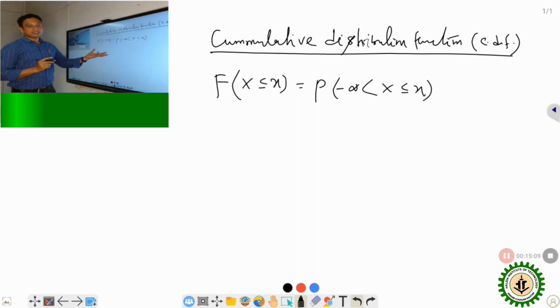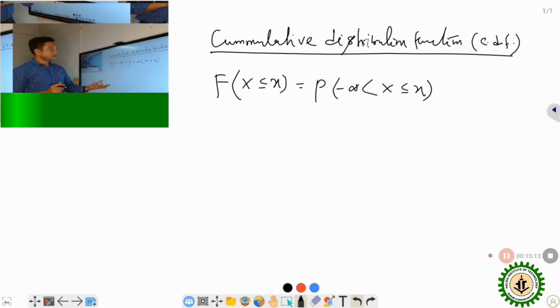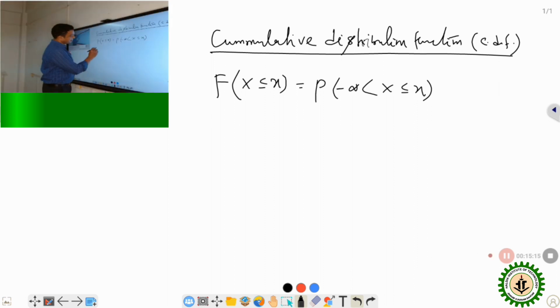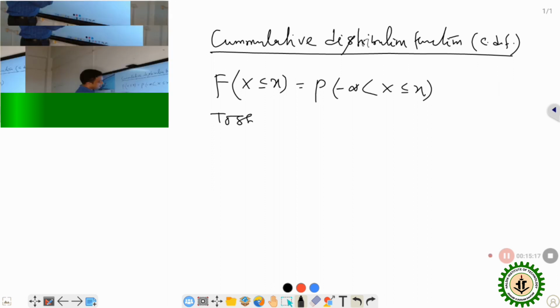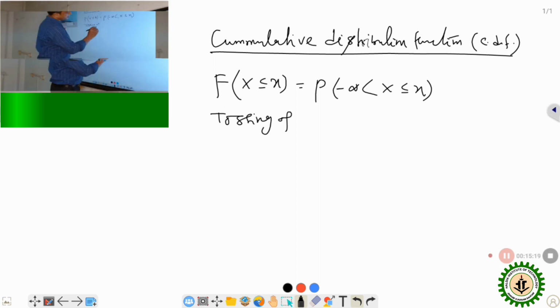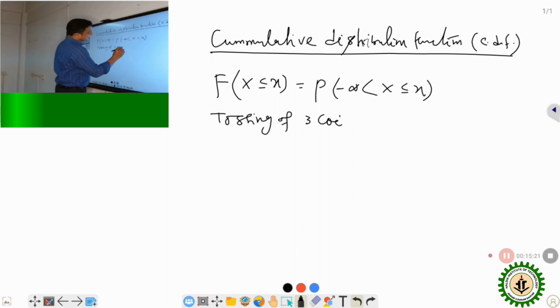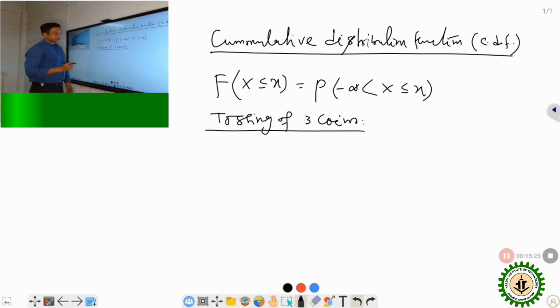Now, if it is the discrete case, you can use the discrete, and if it is continuous, you can use the continuous. Now, I am giving you an example for tossing of 3 coins. Previously, we have written the sample space. Now, I am writing the probability distribution, meaning the PMF.